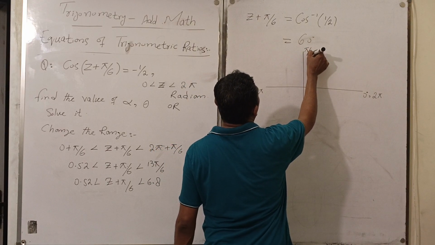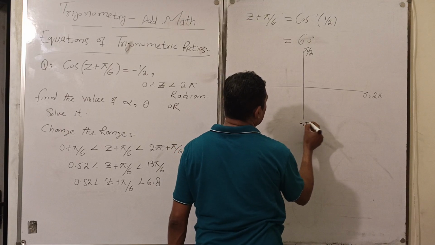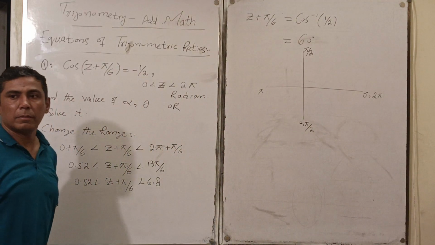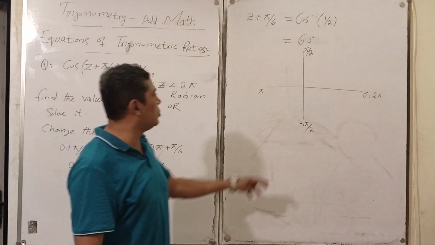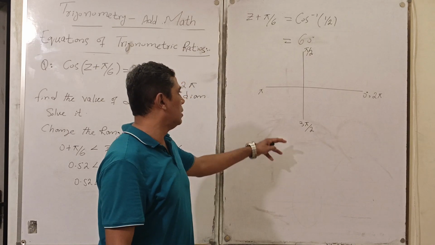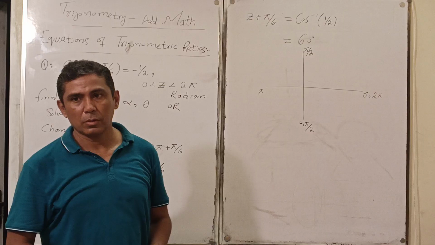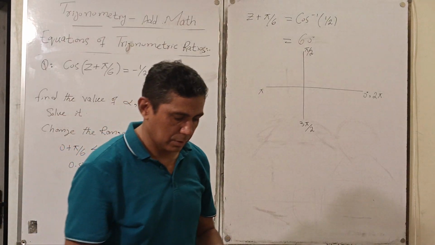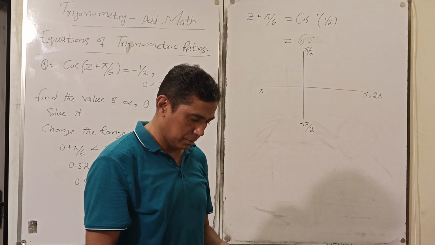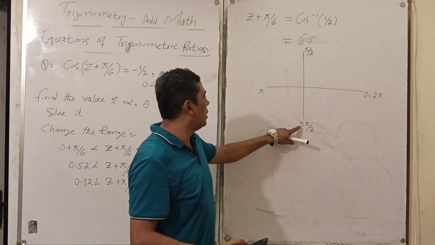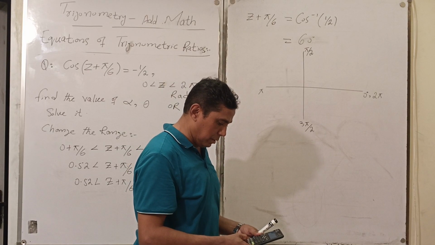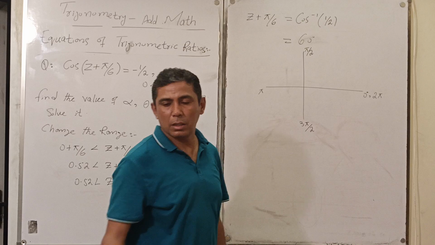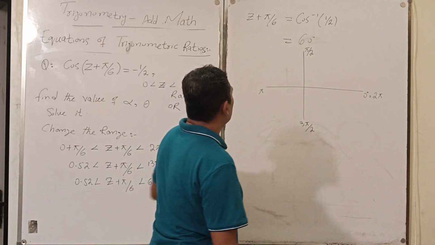Pi over 2, and this is 3 pi over 2, I think. 3 pi over 2 is 270. 3 pi over 2 which gives 4.71? No, not in the radian, in the degree mode. 3 pi over 2 is 180 multiplied by 3 divided by 2, which is 270. Clear?